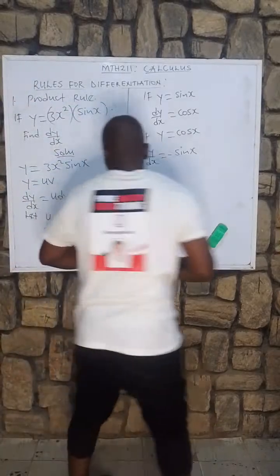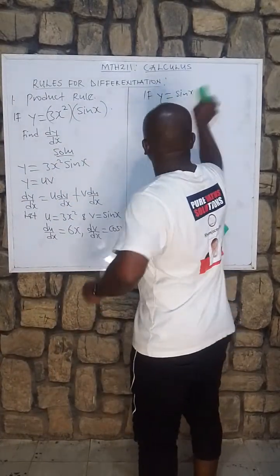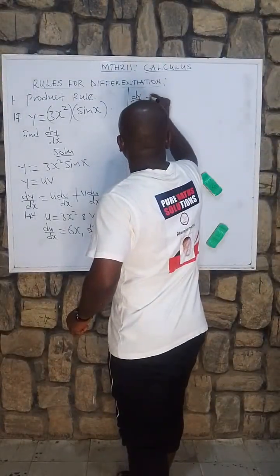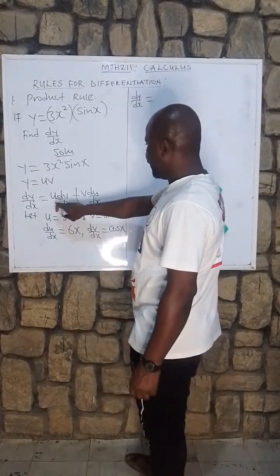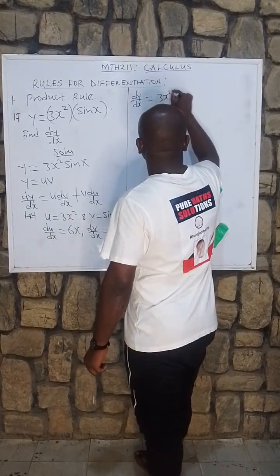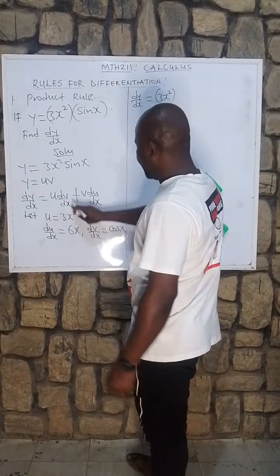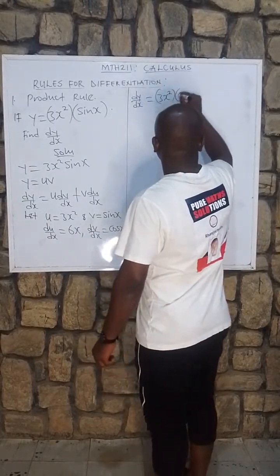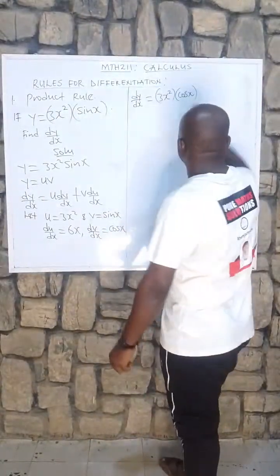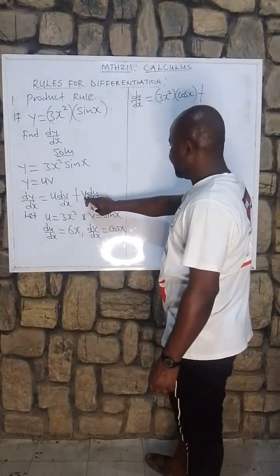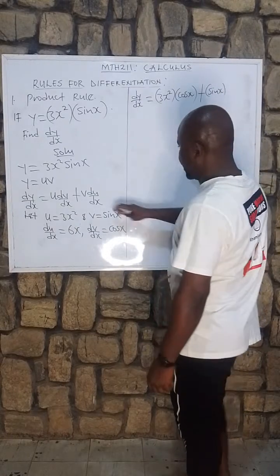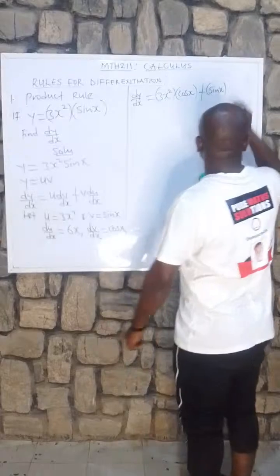So far, so good. Now recall the formula. Our dy over dx equals the ordinary u, which is 3x squared, times dv over dx, which is cos x. Then plus v, which is sine x, times du over dx, which is 6x.